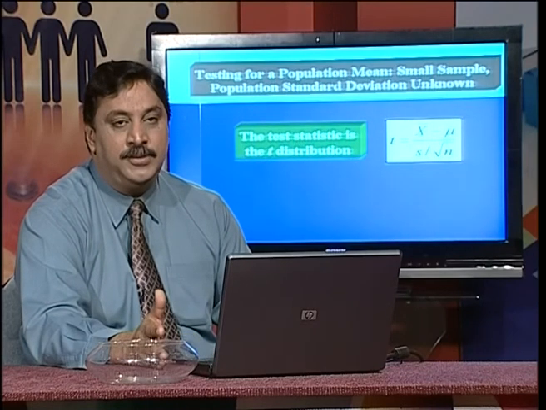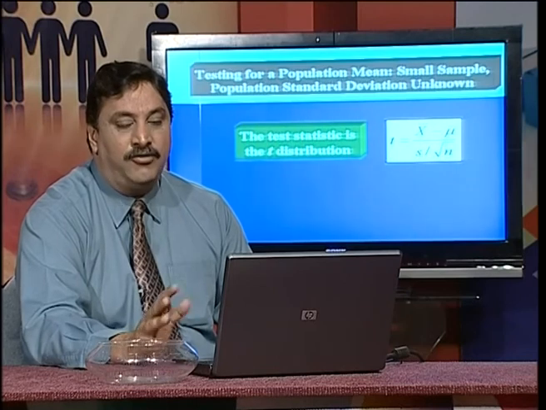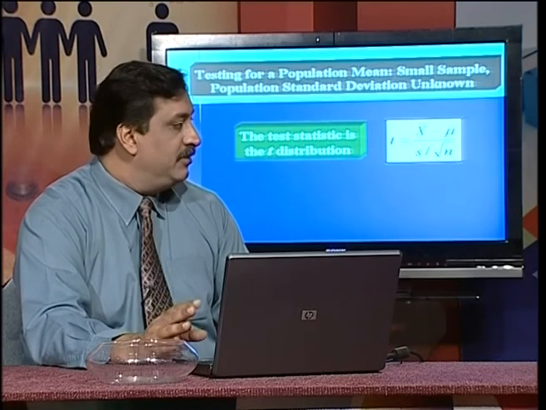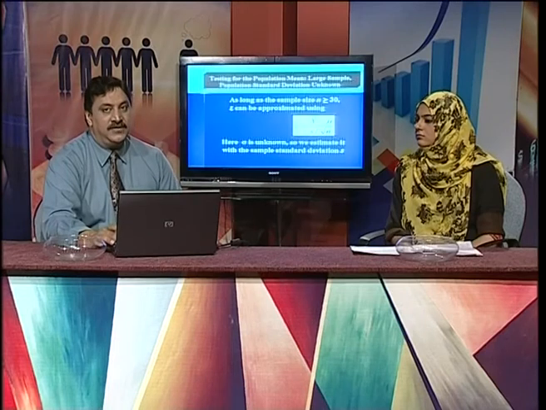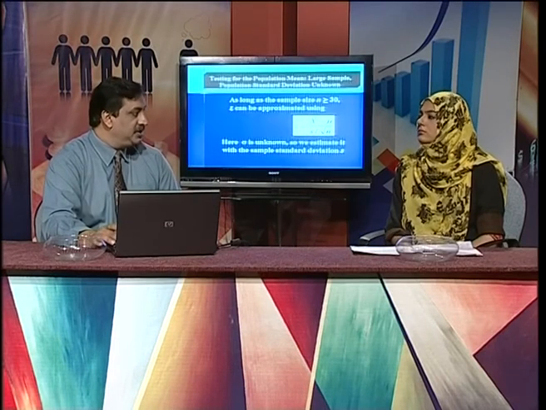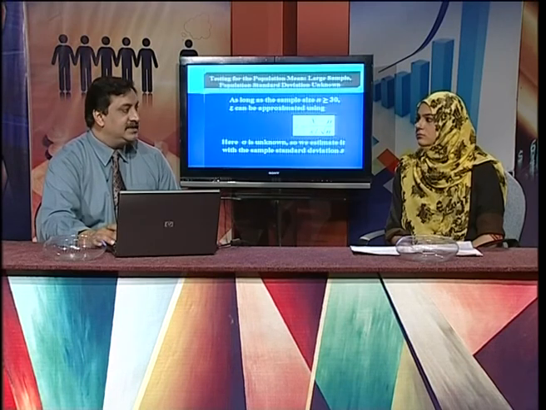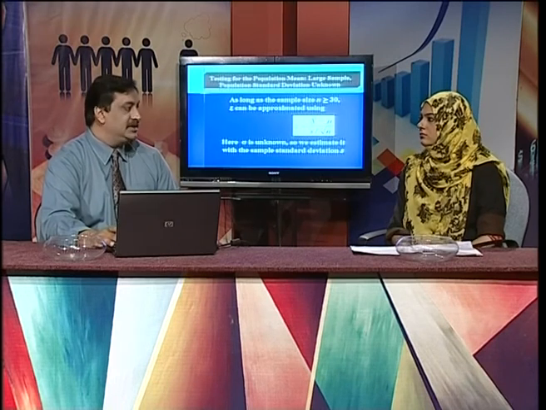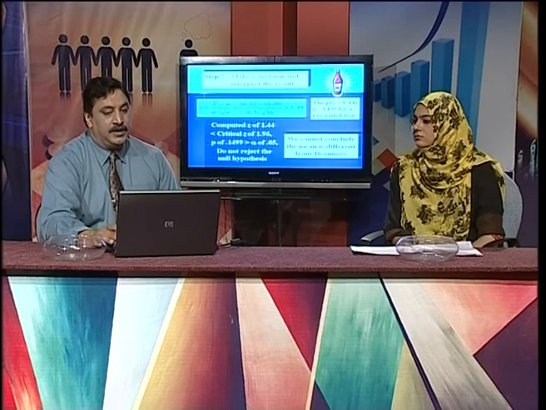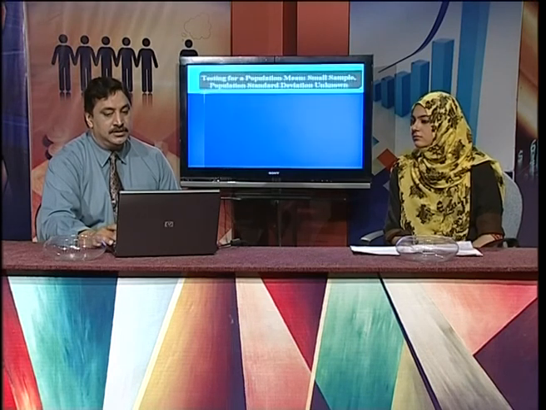The t-test is similar to the z-test. The formula is almost the same, with only one difference. In the z-test, we generally use the population standard deviation, and if it is unknown and the sample size is greater than 30, then we use the sample standard deviation. Similarly, we also use the sample standard deviation in the t-test.